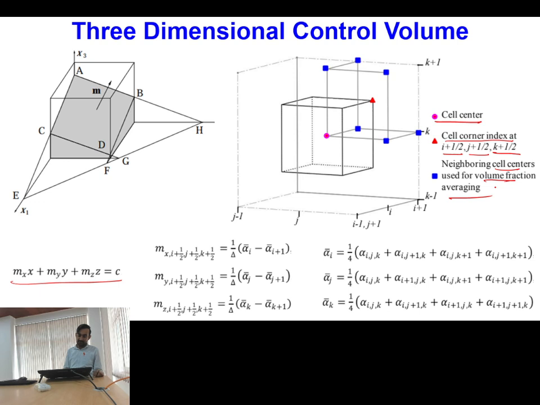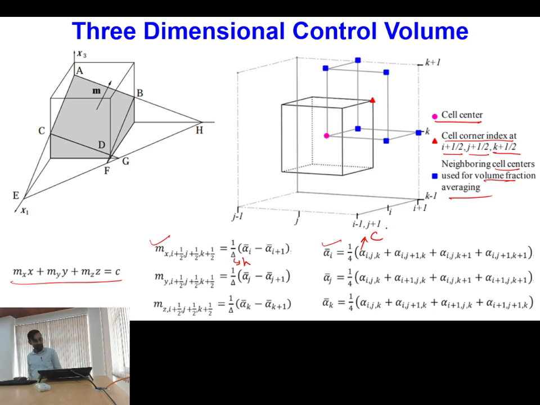Again, you know how you can calculate the values of m. There is a slight change of symbol here: delta replaces h and alpha replaces the color function c.